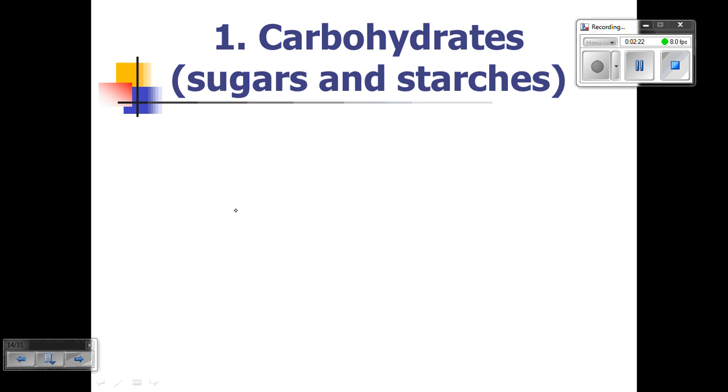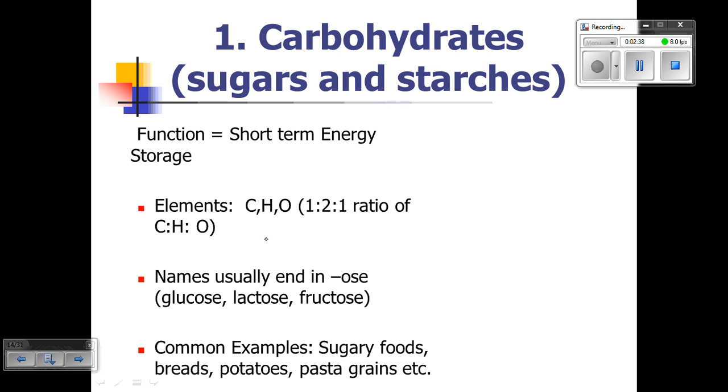So first, carbohydrates. This includes starches and sugars. Now, sugars you guys are familiar with because you like the sweets. But when we talk about sugars, I want you to think of their function being that they are used for short-term energy. When you think of short-term energy, I think of pixie sticks.